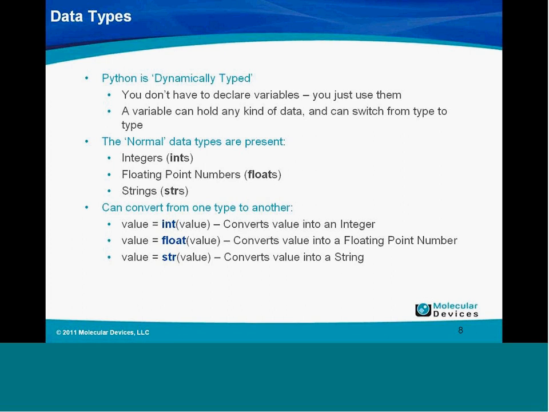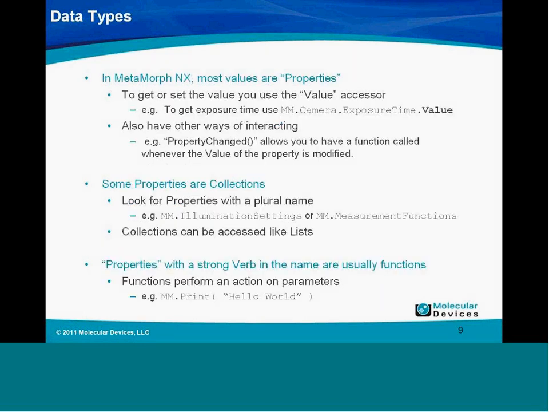In MetaMorph NX, most of the values that you'll find in NX are called properties. This mainly means that there's a group of methods associated with the value for manipulating the data. But the key points are that there's a value that you use to access or to set the property.